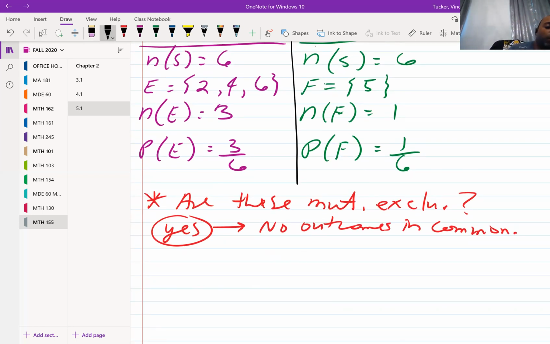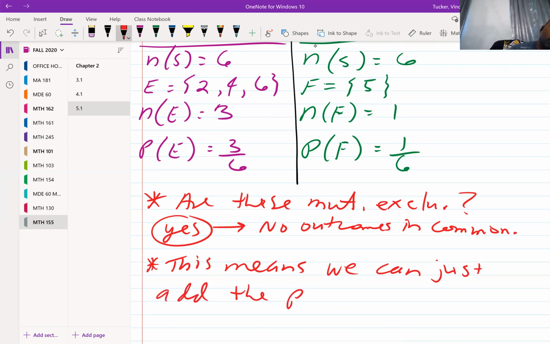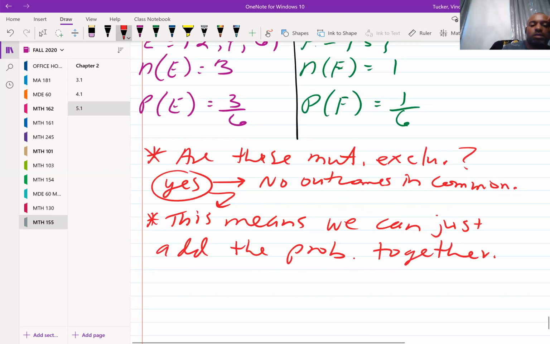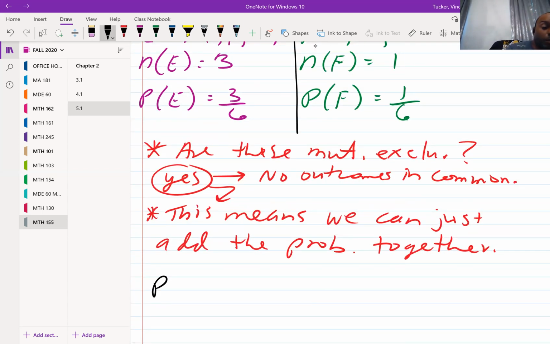So since they are mutually exclusive, this means that we can just add the probabilities together because they don't have anything in common.